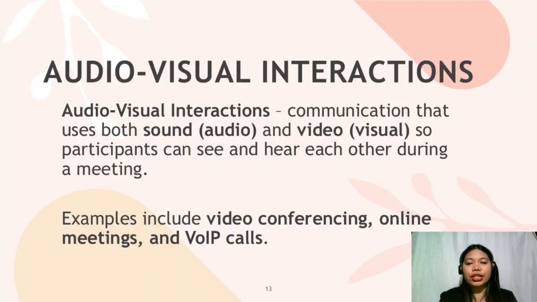They should dress appropriately, choose a professional environment, and make sure their camera and microphone are working. For example, many companies today use video conferencing like Zoom, Microsoft Teams, or Google Meet so employees from different cities or countries can attend the same meeting online.